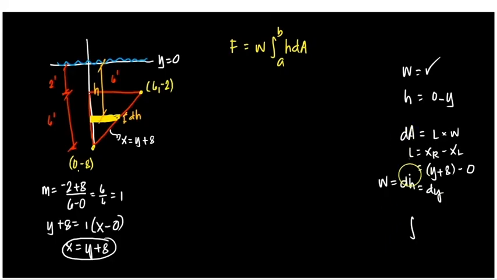Therefore, your dA, we can solve that. And then the limits, again, the affected area is from -8 up until -2. Therefore, if I were to write the formula, W constant from -8 up to -2, H is just -y, dA would be y plus 8 dy. All right?